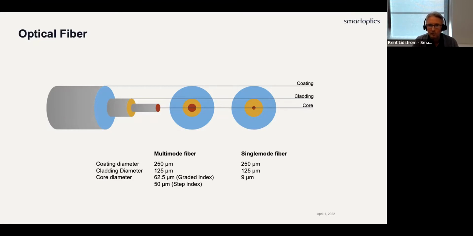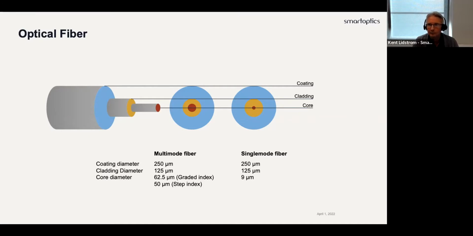Around the core, you have something called the cladding. The cladding is an isolating material that prevents the light within the core from disappearing and losing too much of its intensity through the walls. And then outside you have the coating.